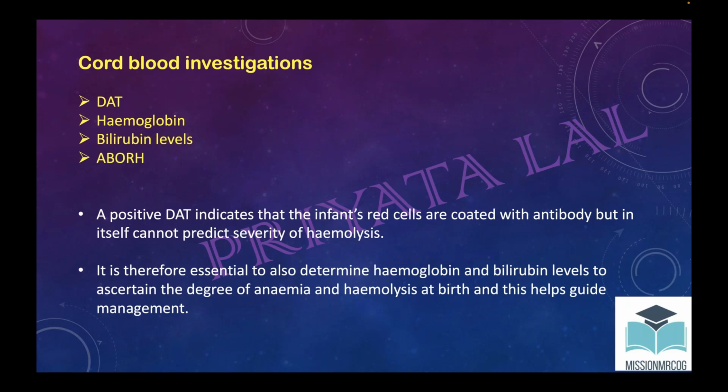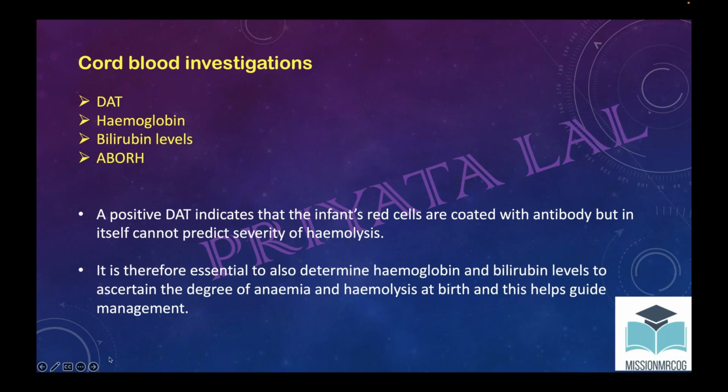If the DAT test is positive, that means that the infant's red blood cells are coated with antibody, but we cannot predict the severity of hemolysis. And hemoglobin is important because we have to know whether the baby is having anemia and requires blood transfusion. And bilirubin for the management of jaundice. So these are the tests. This can come in the part 2 exam, and in part 3 it has already come.